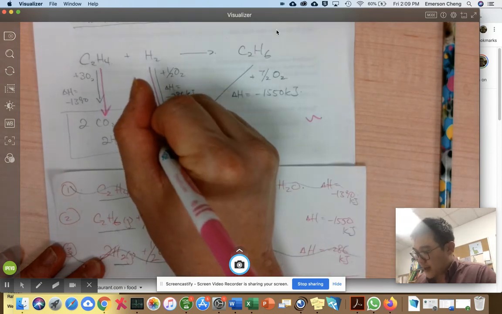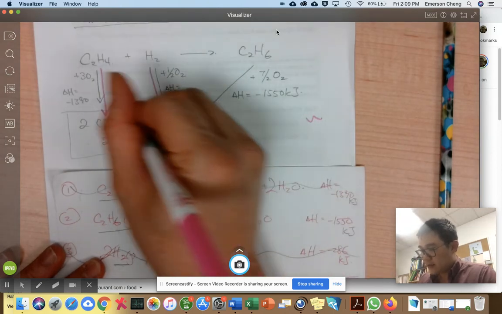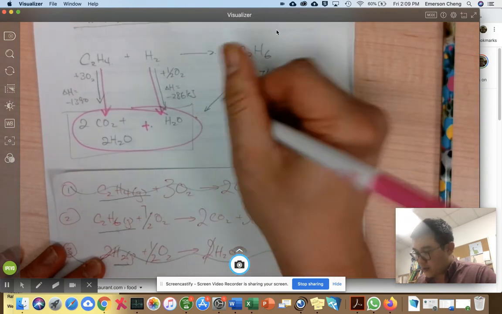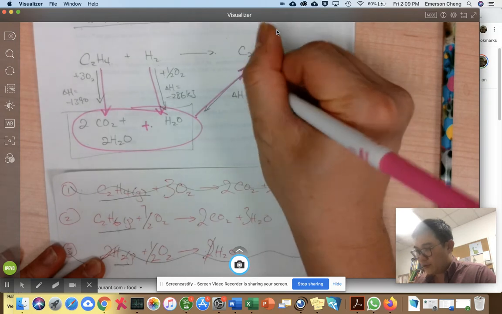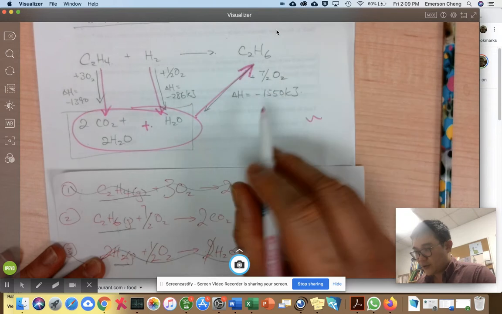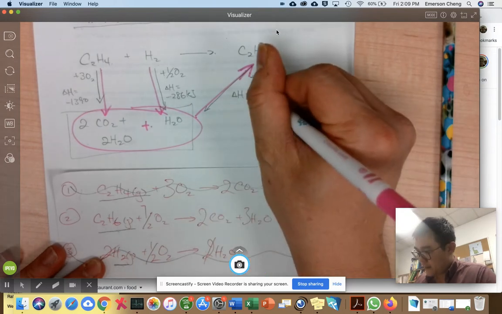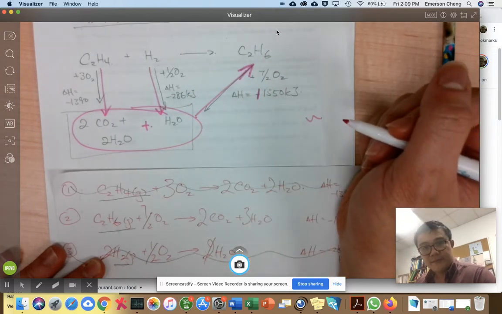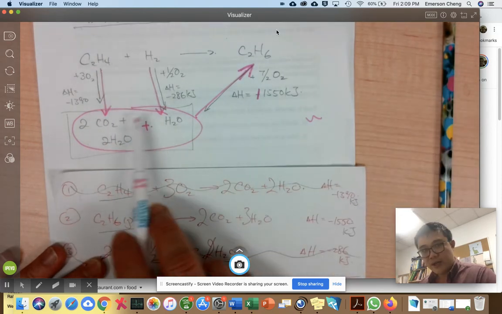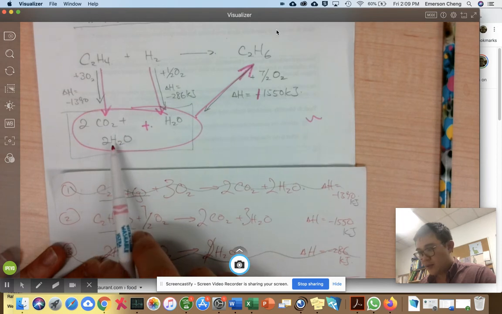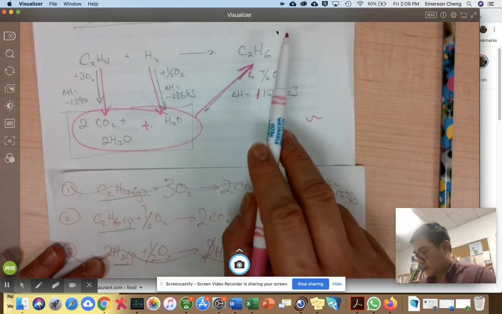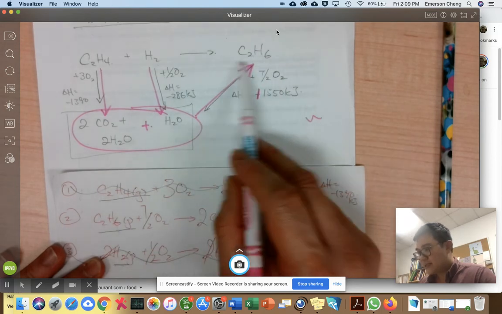When you add these up, and then go from here backwards, you flip the sign. So what was minus becomes a plus. In this case, you go through this way: 2 carbon dioxide, 3 water molecules, to come up with C2H6.